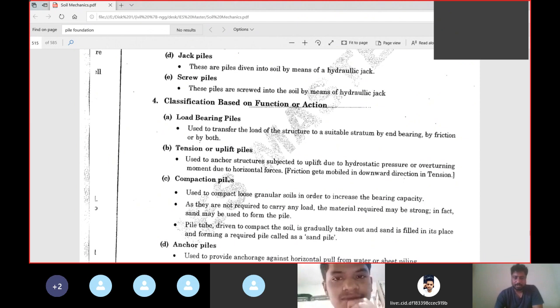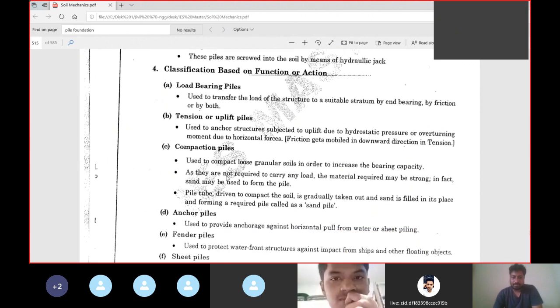Now tension or uplift piles. Tension or uplift piles are basically used in cases where we have to anchor the structure subjected to uplift due to hydrostatic pressure or overturning moment due to horizontal forces, right? So most of the time it happens when your structure is subjected to uplift force. In that case, when you want to resist your structure from uplift forces, you have to anchor your structure, right?